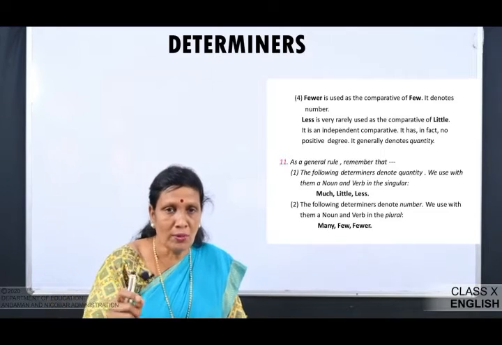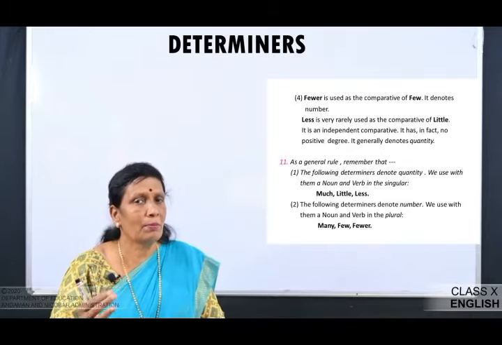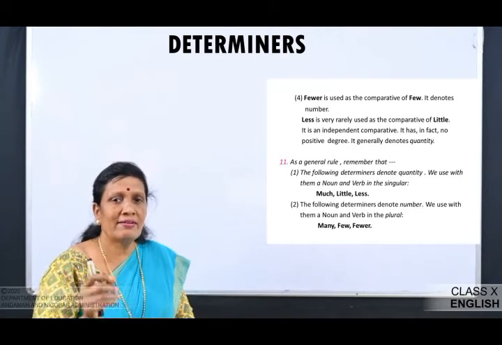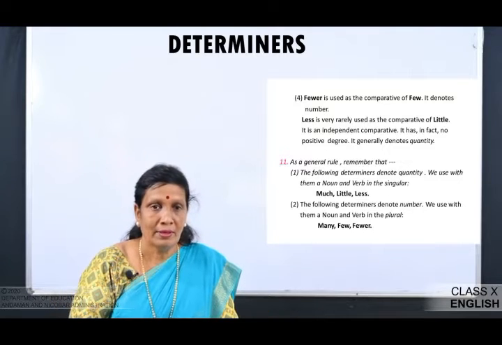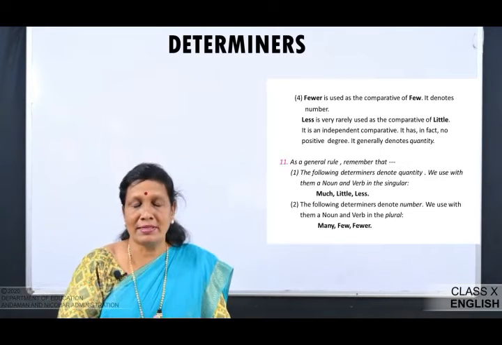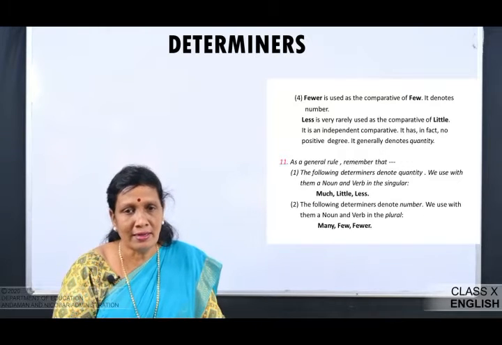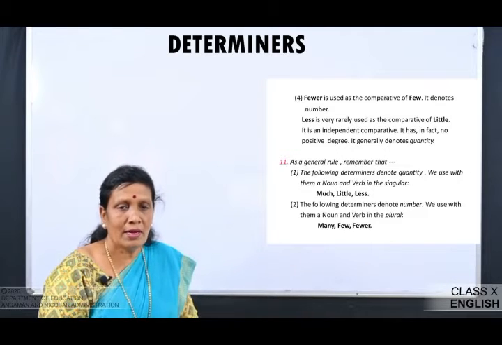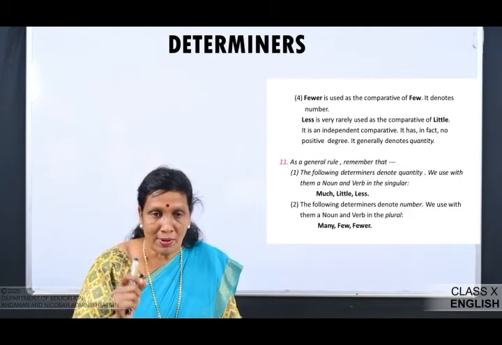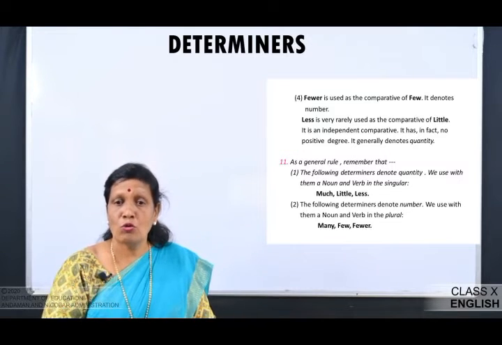So fewer we use for comparing. Less is very rarely used as a comparative of little. It is an independent comparative. So it has, in fact, no positive degree. It generally talks about quantity. Now, as a general rule, you must remember the following determiners denote quantity.